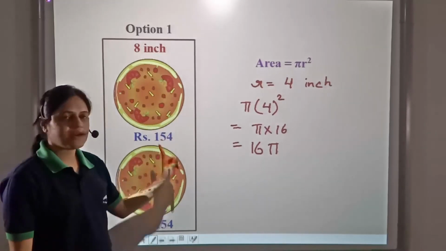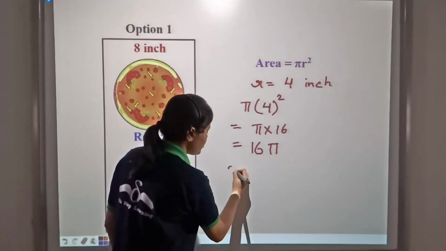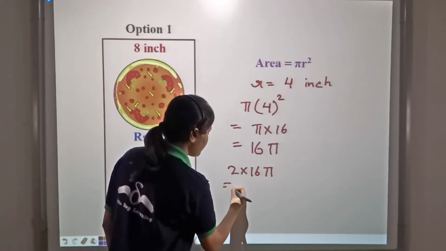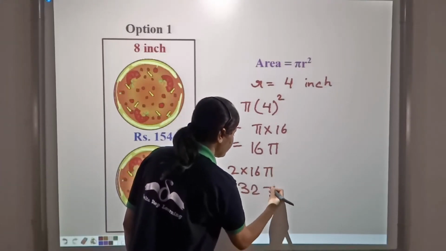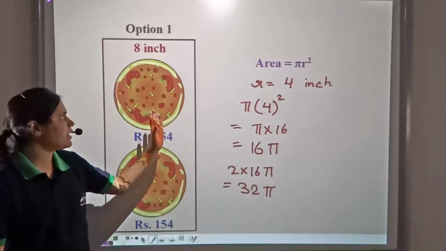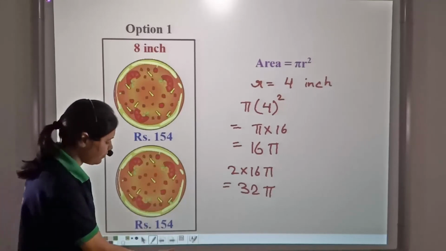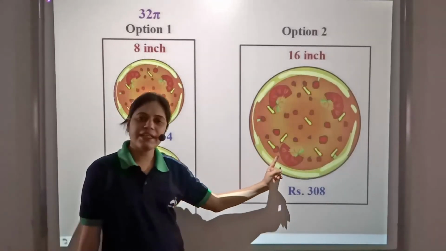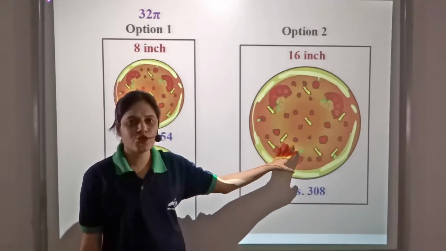For both the pizzas, the area will be 2 into 16 pi, which is equal to 32 pi. So this is the area that they are getting in option 1. That is 32 pi.